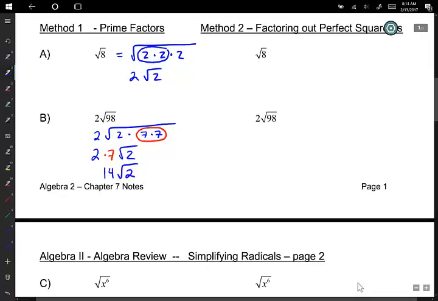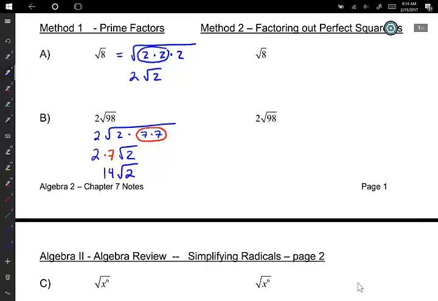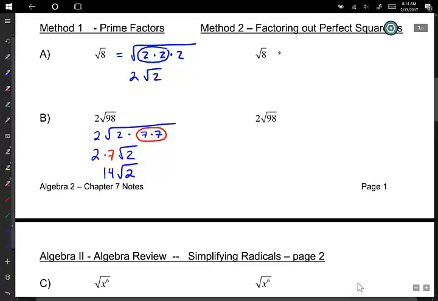So a pair of numbers comes out as a single number in prime factorization. Now, the prime factorization method is nice, but it's a little bit slow unless you start to recognize stuff. So my hope for you is that you'll begin to be able to look at our problems and say, hey, we need to break these down into a perfect square times what is left over.